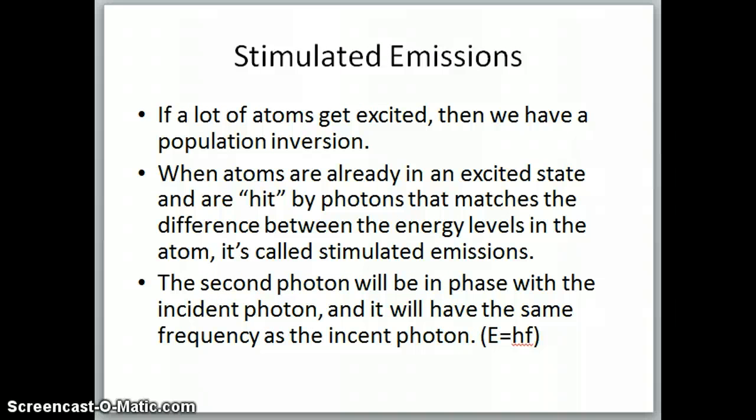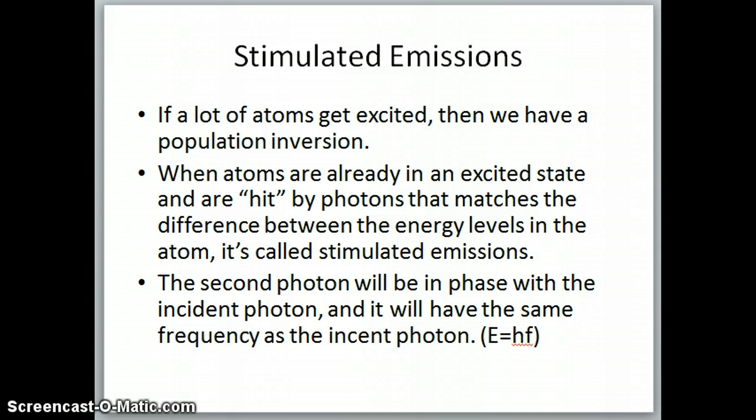So now we'll talk about stimulated emission. What happens is, if a lot of atoms are excited, this is what we call a population inversion. If you think about the energy levels as floors in a building, and the electrons are the people in it, in a population inversion everyone tries to go down to a certain floor, like they're picking their friends up to go to a party, or there's a fire drill and they're all heading towards one thing.